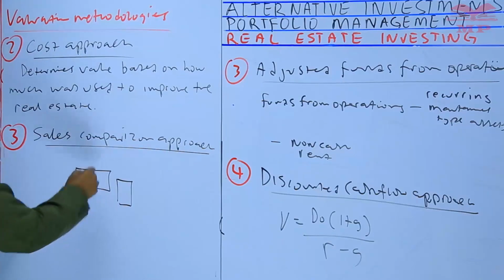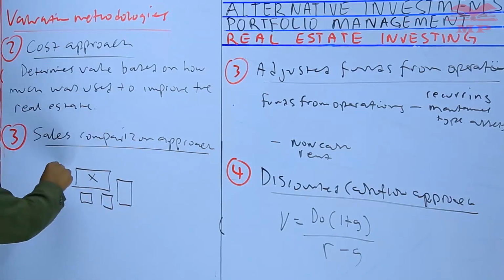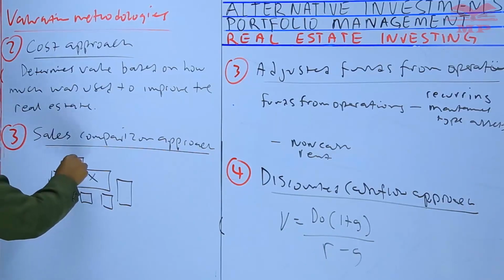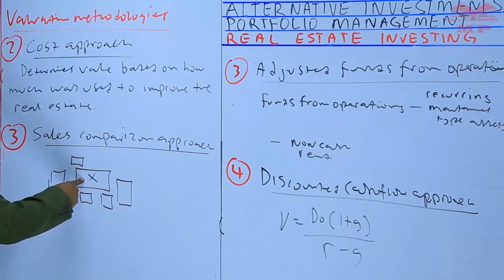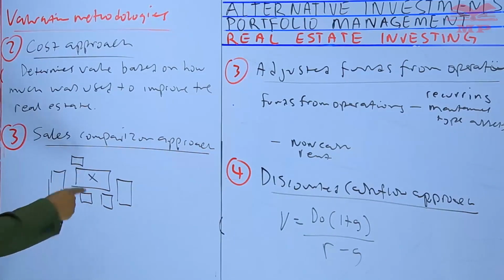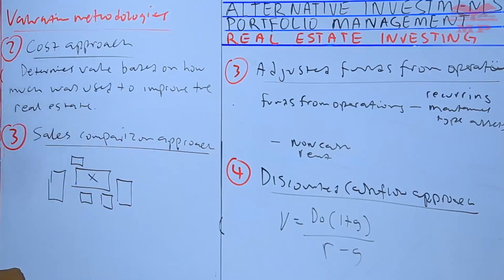This is the property you're trying to determine the value of, and you could have properties that are like this and that. You base the value in terms of square feet, so the average value per square foot can be used.